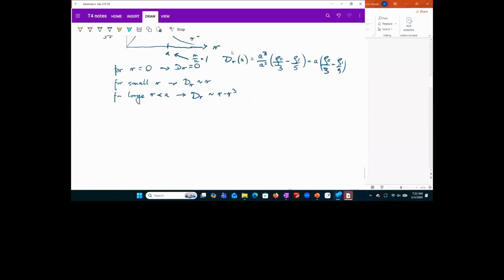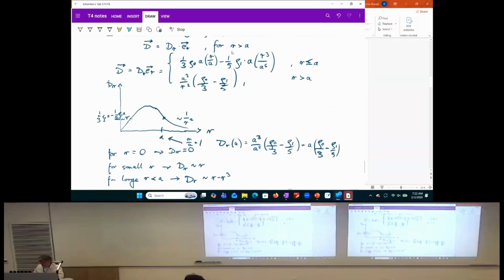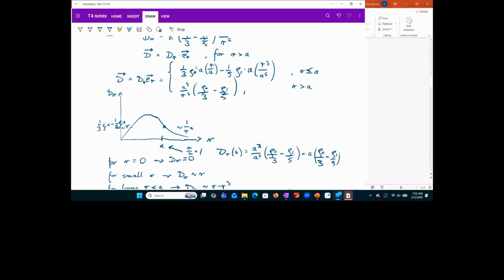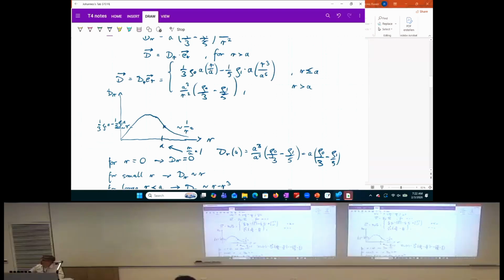What you have to consider in this equation for R smaller or equal to A is that for very small R over A ratios, you will have this term dominating, and if R over A becomes larger, then this term will be dominating.